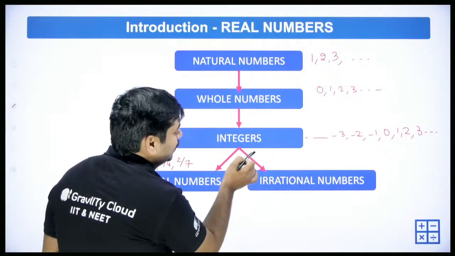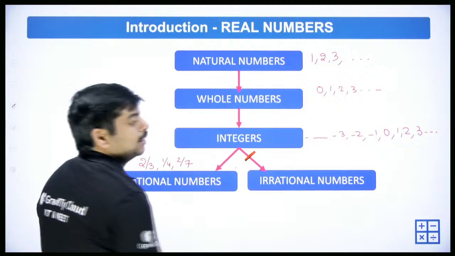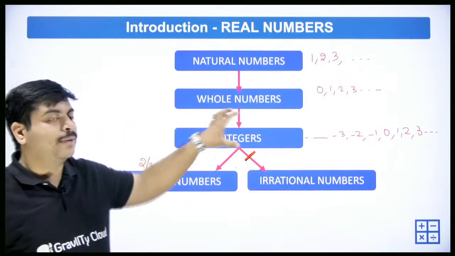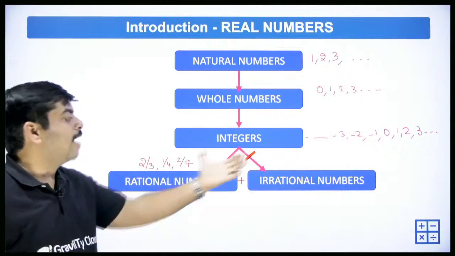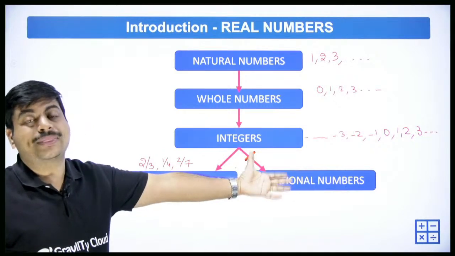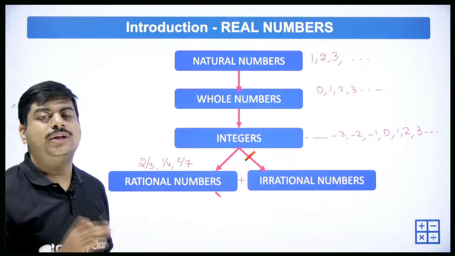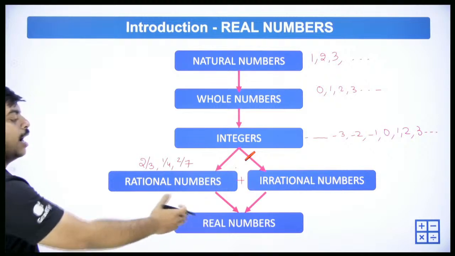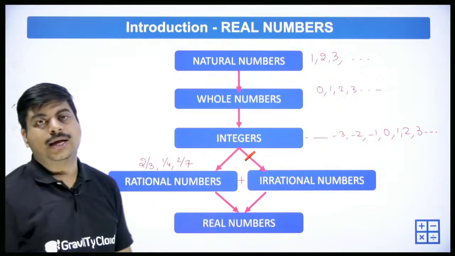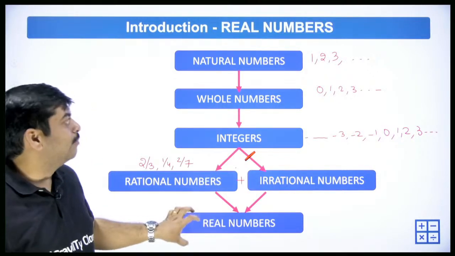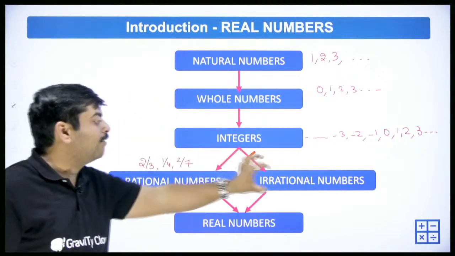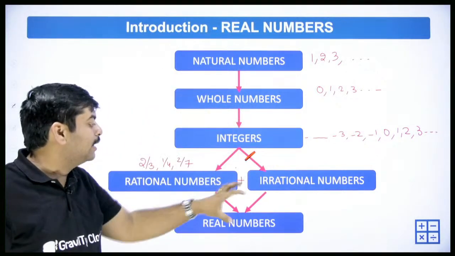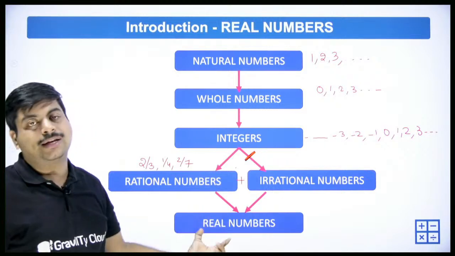This tells that it is not coming from integers, but we still have more numbers like rational. We have something called irrational numbers also, and these two, rational and irrational, both together are called real numbers. That means in real numbers we have natural, whole, integers, rational, and irrational. Clubbing all these, we say we have real numbers.